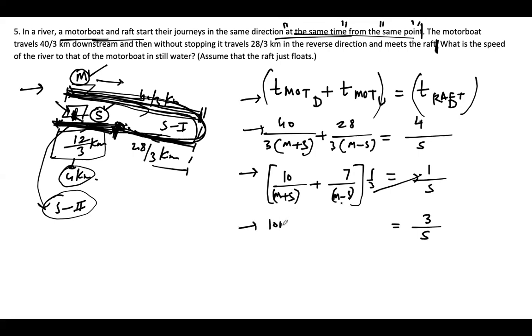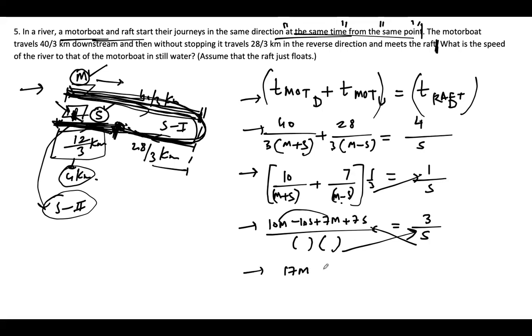It is a bit calculation intensive, but good for practice. We get 10 by m plus s plus 7 by m minus s, which gives 10(m minus s) plus 7(m plus s), over m plus s into m minus s, and this equals 3 by s, so s will be multiplied here. First, simplify: 10 plus 7 is 17m, minus 10 plus 7 is minus 3s.